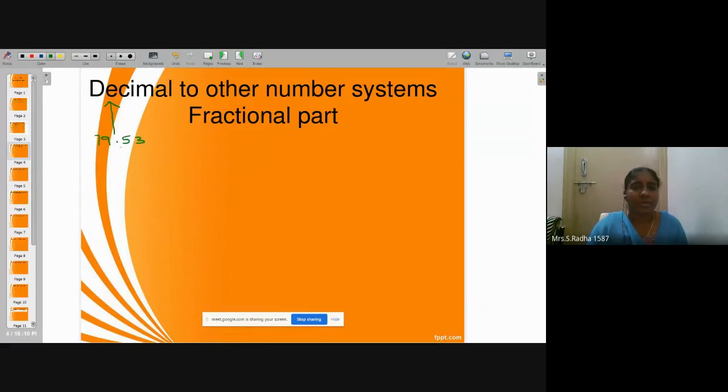I will take only the fractional part and do conversion. Fractional part means after decimal, whatever is present. Now how to convert decimal to binary, fractional part? And then decimal to octal number system, and decimal to hexadecimal number system.